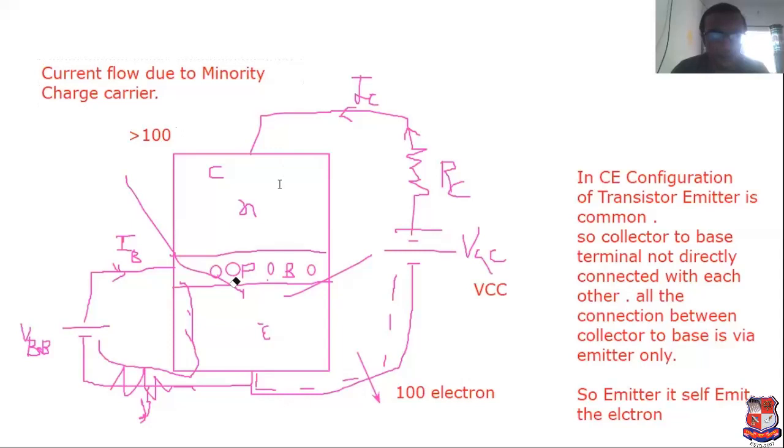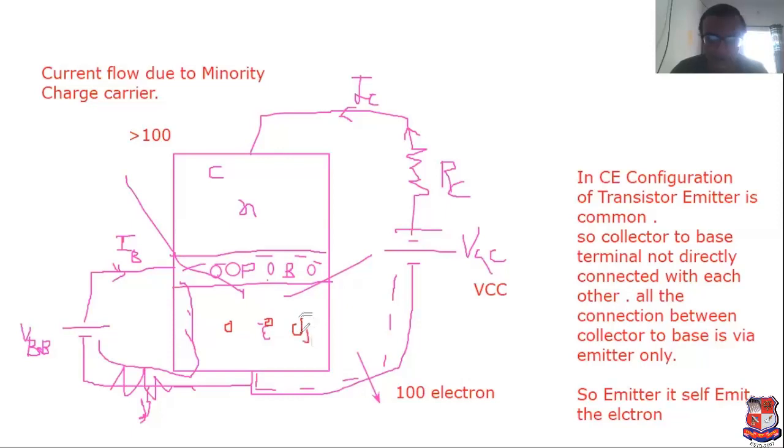Now see here. In the p-type semiconductor, some electrons are present. See this electron. And in the n-type semiconductor, some holes are present.